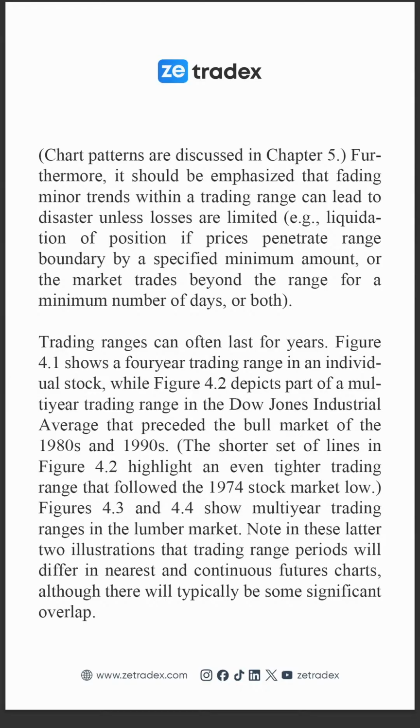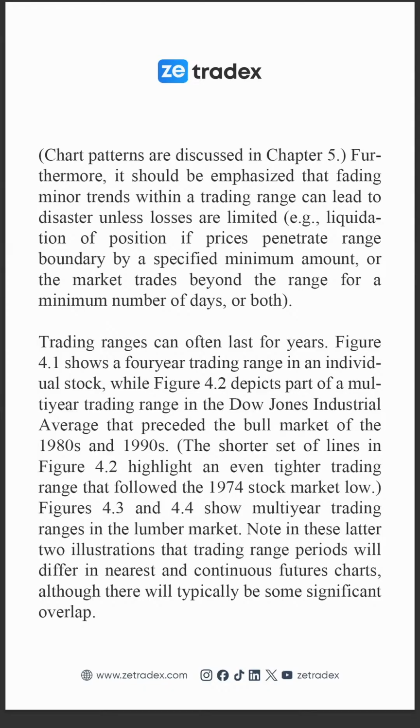Trading ranges can often last for years. Figure 4.1 shows a 4-year trading range in an individual stock, while figure 4.2 depicts part of a multi-year trading range in the Dow Jones Industrial Average that preceded the bull market of the 1980s and 1990s.